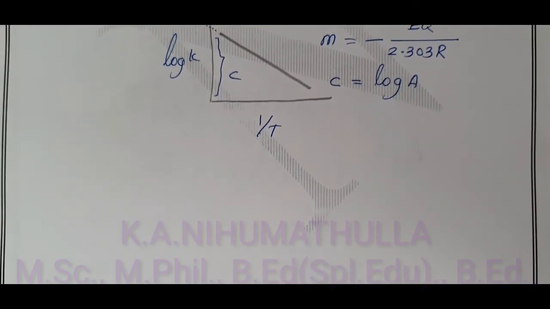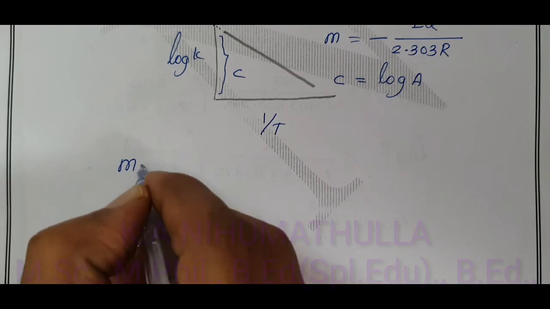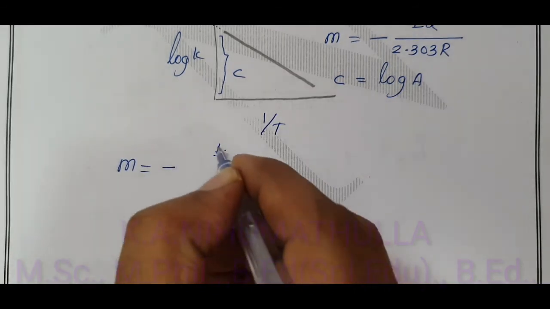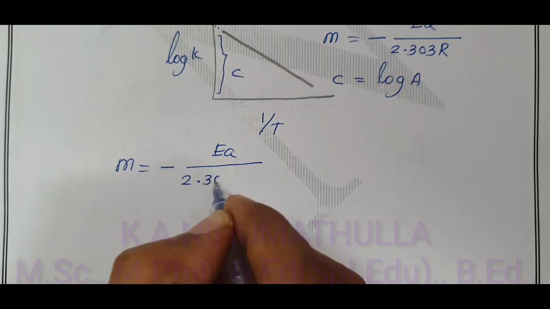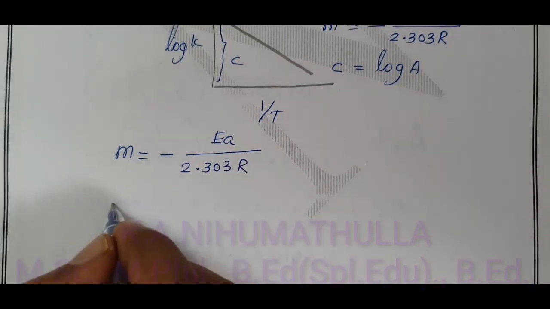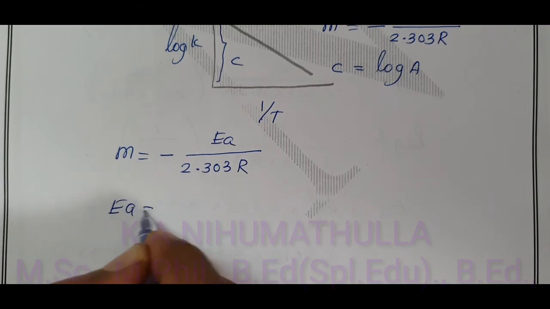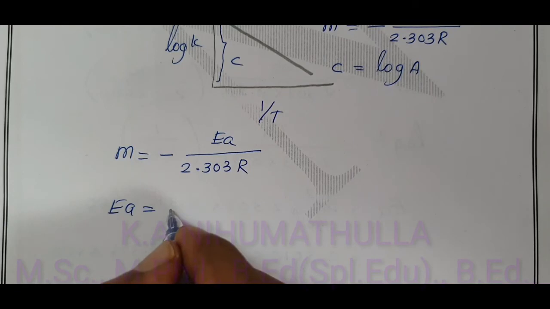For this graphical representation, slope M equals minus Ea by 2.303 into R.